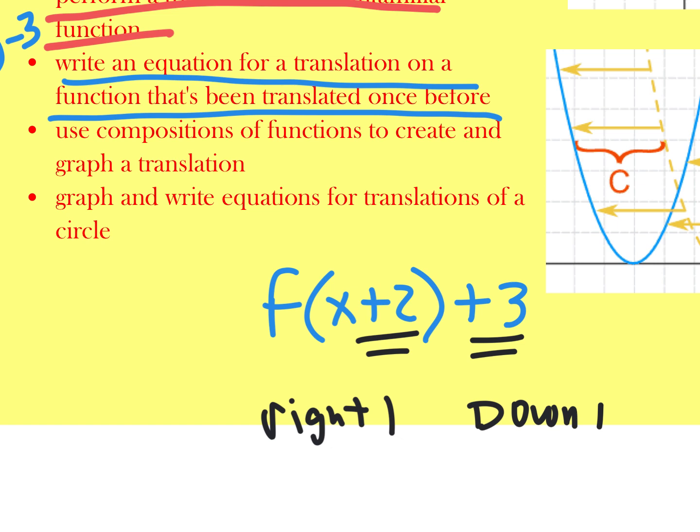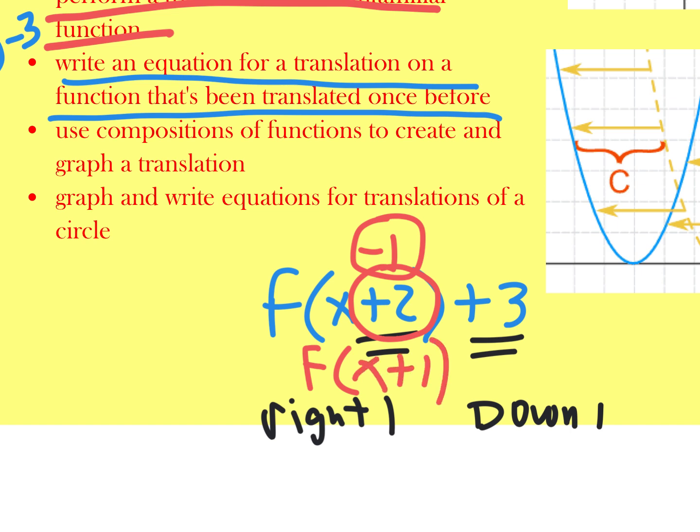I hope you're smart enough to go, okay, if I'm going to move this to the right 1, that's like minus 1. And so I'm going to put that with the plus 2, and together that'll make f of x plus 1, since the minus 1 and the 2 combine.